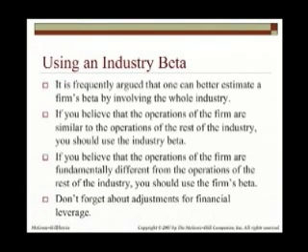Now, don't forget, we're going to have to make adjustments in the firm's beta for financial leverage. In other words, if you decide to use the industry average beta, then you may have to make changes for an individual firm because that firm is more highly levered or less highly levered.